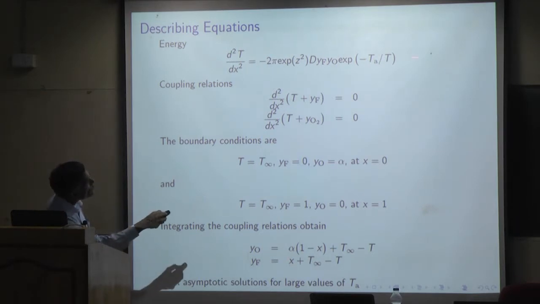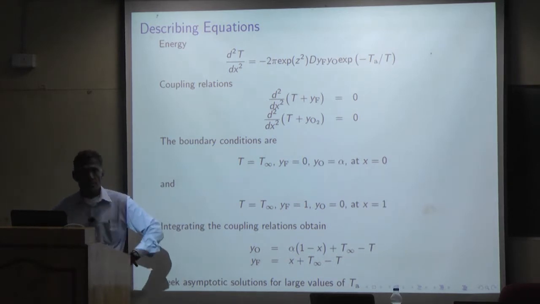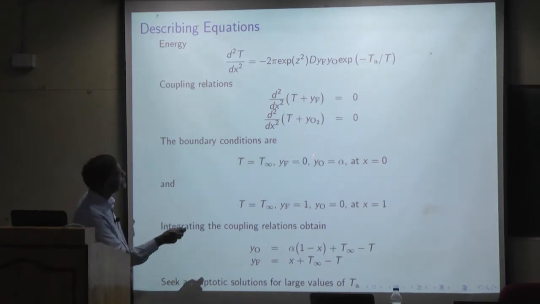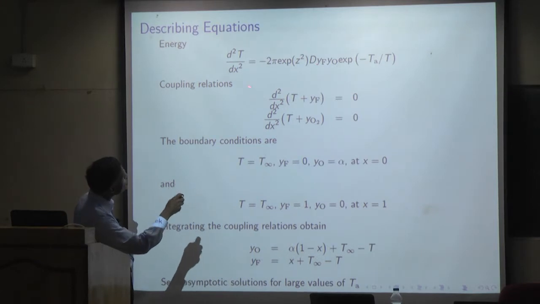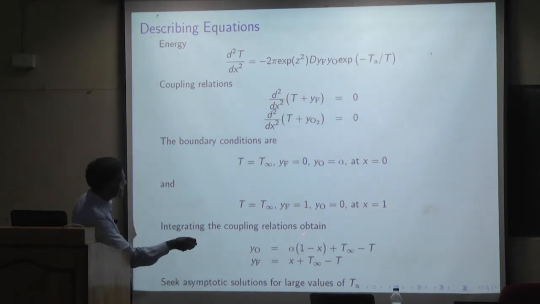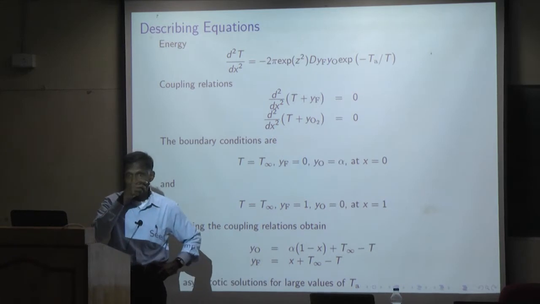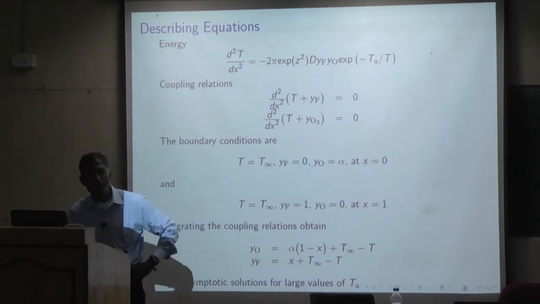So now you get only one equation in temperature, which is expected to satisfy these two boundary conditions: T equals T infinity at x equals 0, and T equals T infinity at x equals 1. So the entire diffusion flame problem has been reduced to solving one equation, subject to these two boundary conditions. By the way, do you have any questions on this so far?